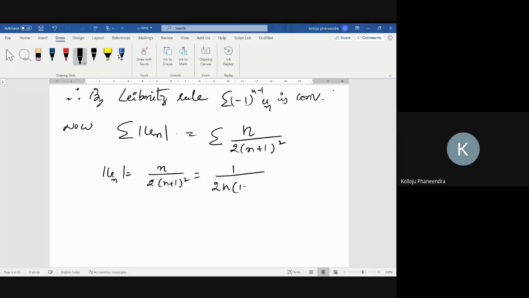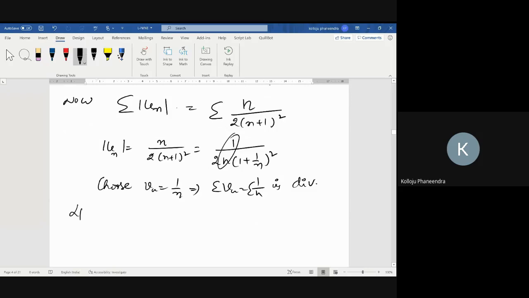N square is common, 1 n gets cancelled, numerator denominator. Now choose Vn as this. Choose Vn equal to 1 by n. So sigma Vn equal to sigma 1 by n is p value 1. What is the series? Divergent. Therefore, limit of mod un over Vn, the test. Just notation only, mod un means positive term.